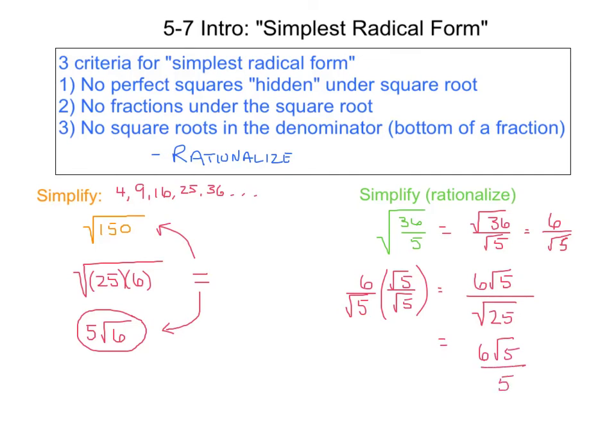And that's what we said that square root of 5 times square root of 5 would be. Now 6 square root of 5 over 5 is in simplest radical form. So we did simplify, and again, just to make that point, our original expression is the same as our final expression. We have just simplified it.